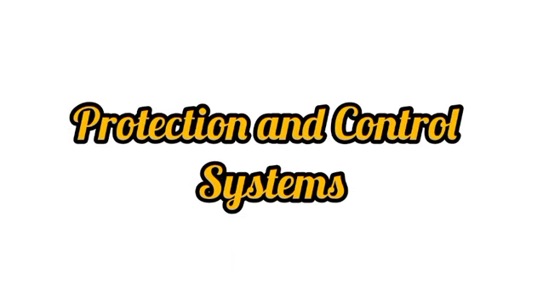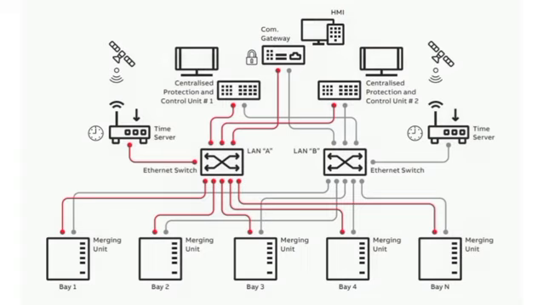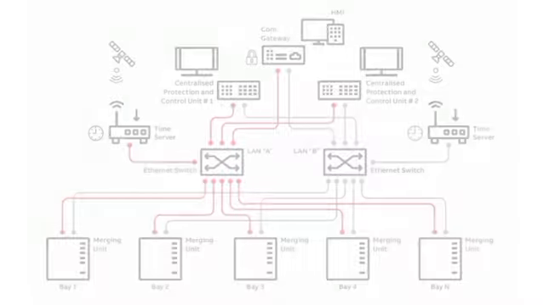Protection and control systems. The protection system in a 132 kV substation includes relays, fuses, and other protective devices that detect abnormalities like overcurrent, earth faults, and short circuits, and initiate the tripping of circuit breakers to isolate the faulted sections.